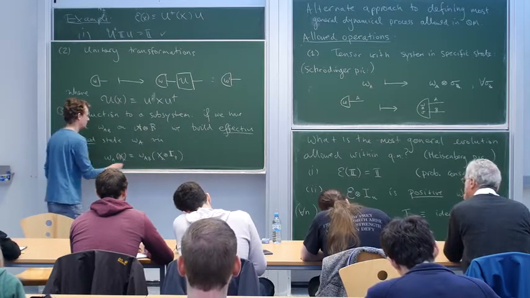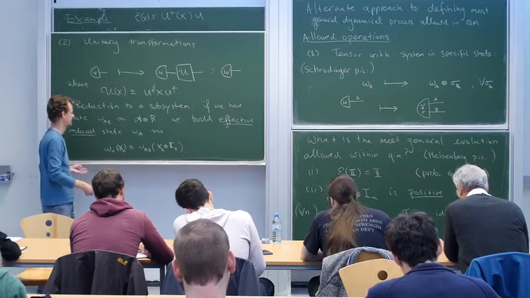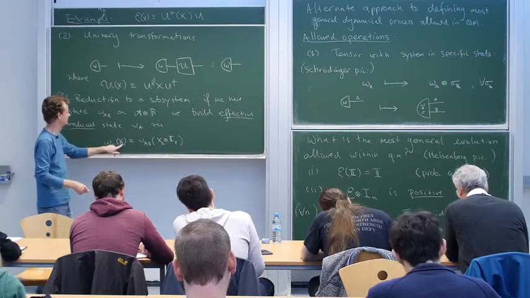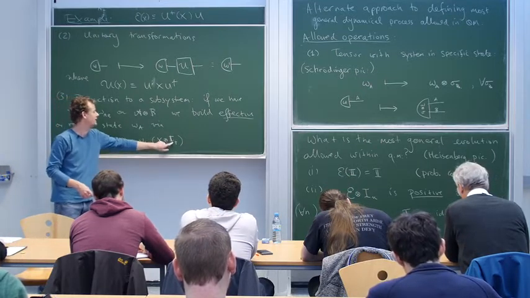And the way we build this effective state is by only writing down those numbers that correspond to non-trivial measurements just on A and ignoring B.